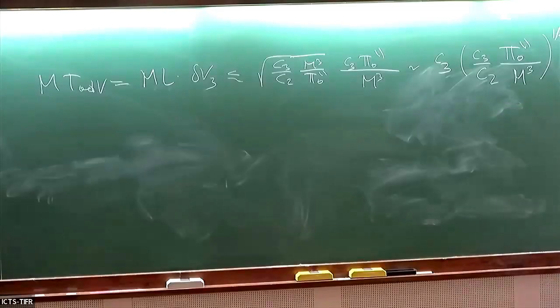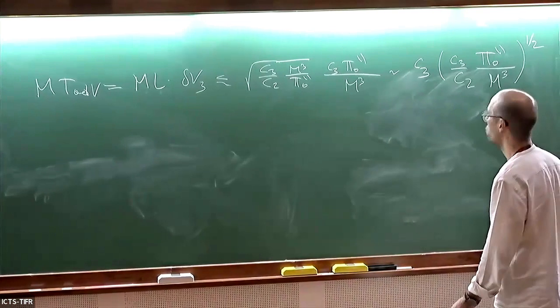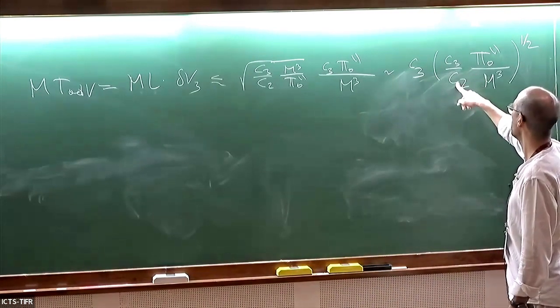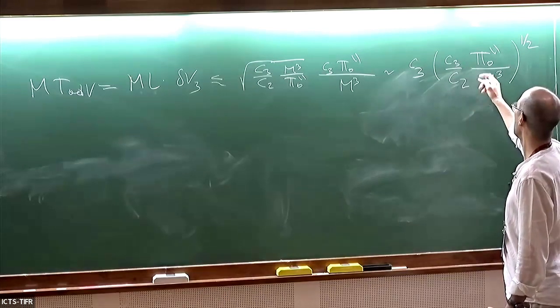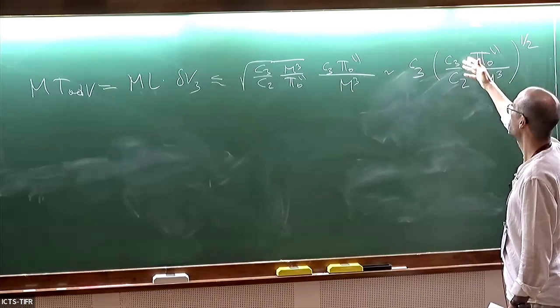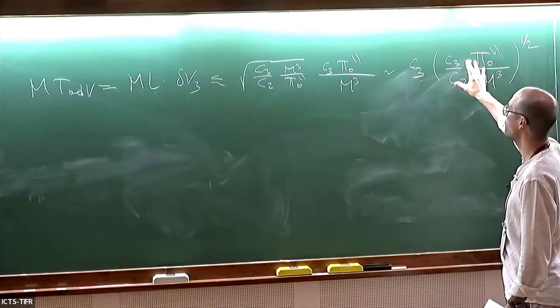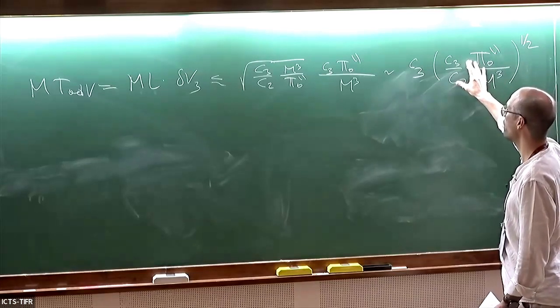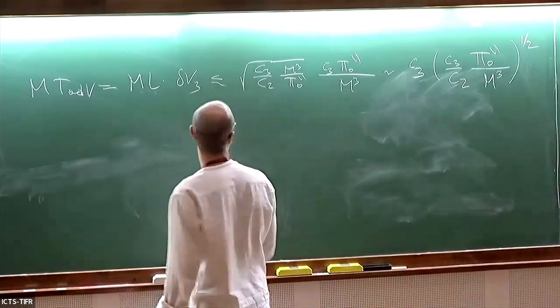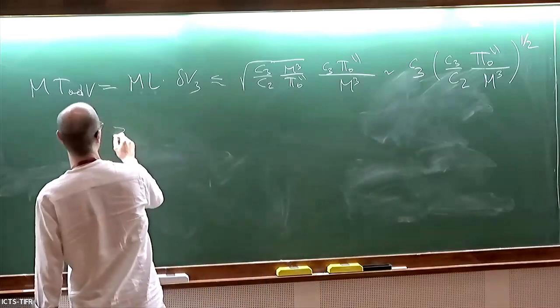So you see that as soon as C2 is smaller relative to C3, this one can be very large. You can make this parametrically large.